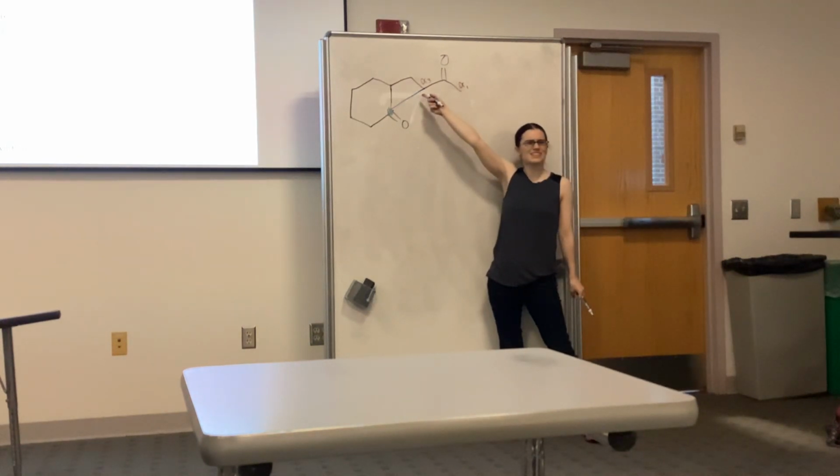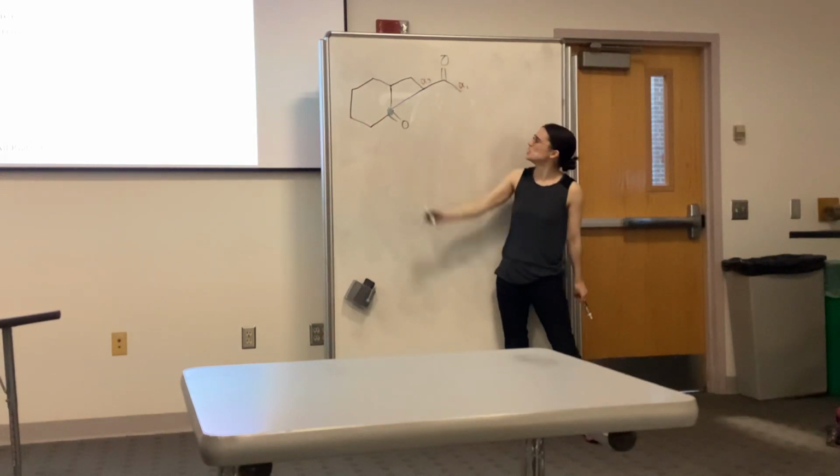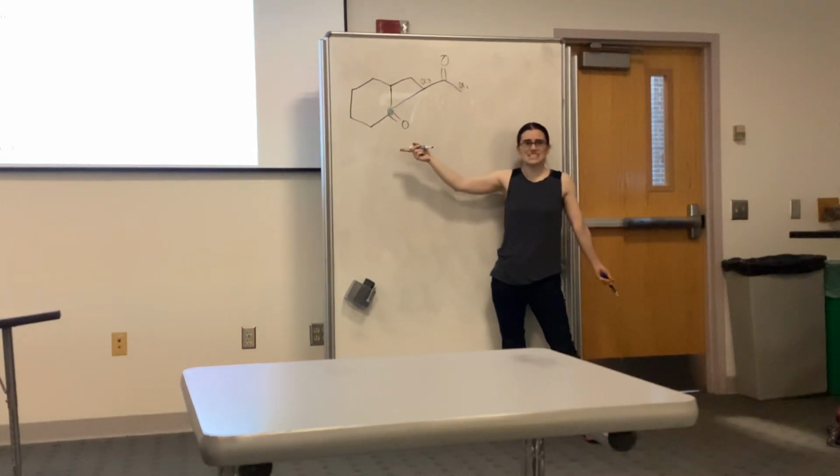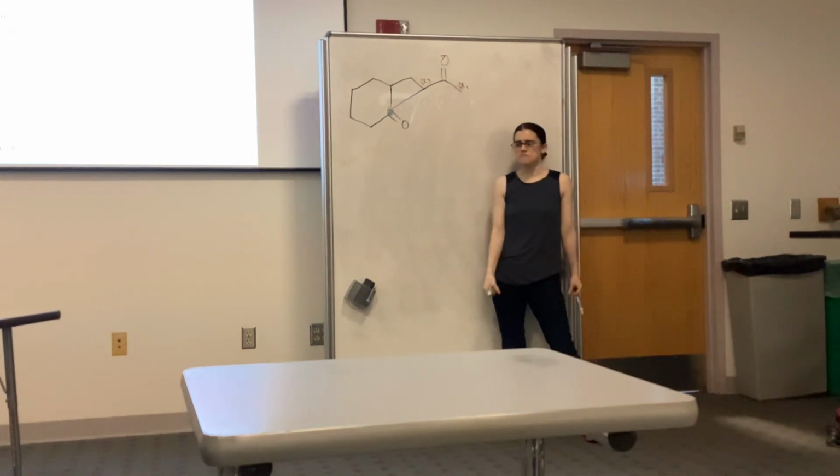how many members are in that ring? 4. 4? What are your bond angles going to be? 90 degrees. Yeah, like 90 degrees, because how else do you make a square? I think no matter how much you twist it, if you've got a 4-membered ring, I don't think there's any way to make that without 90-degree angles, even picturing it in 3D space.